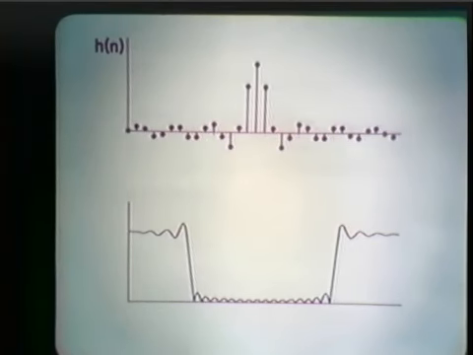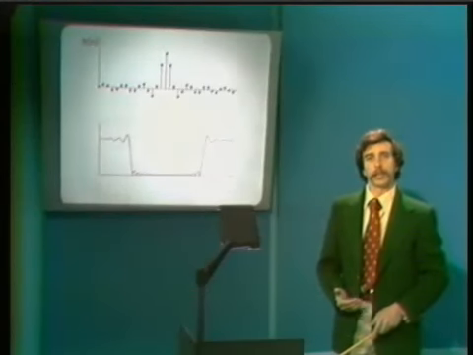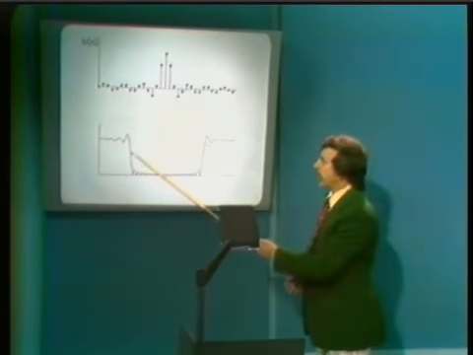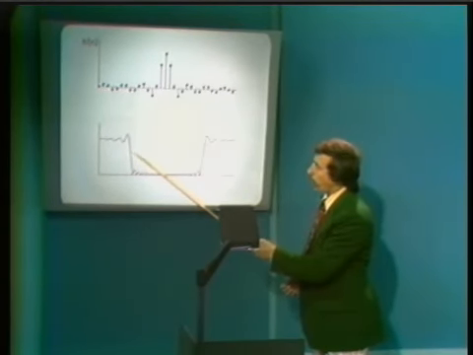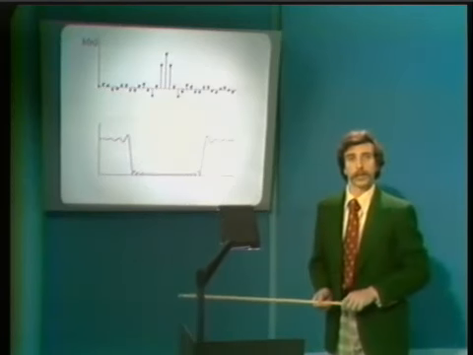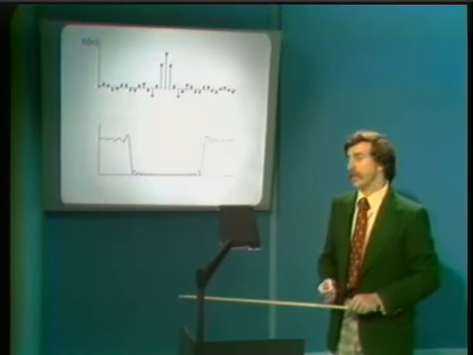But now we could inquire as to whether there is some way of improving the pass band ripple and the stop band ripple. We anticipate that there's a price that we would have to pay for that. And indeed it turns out that the price is widening the transition band.